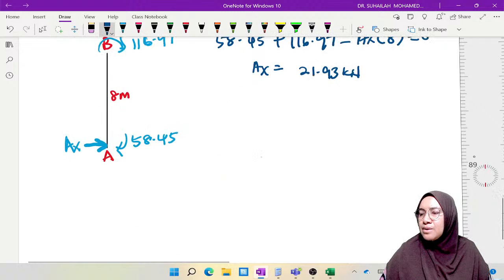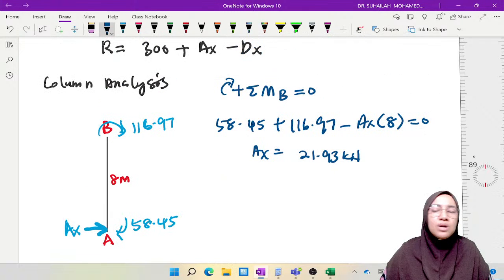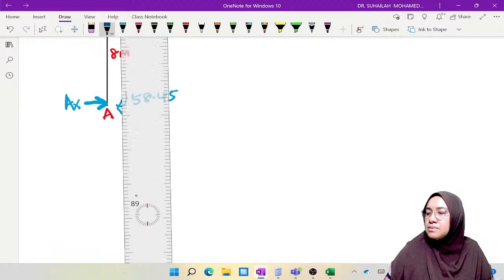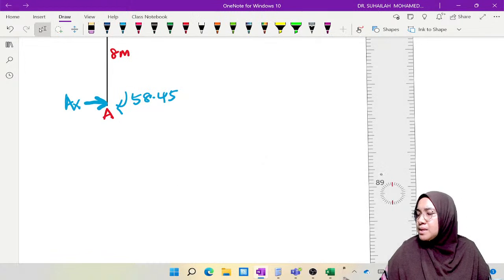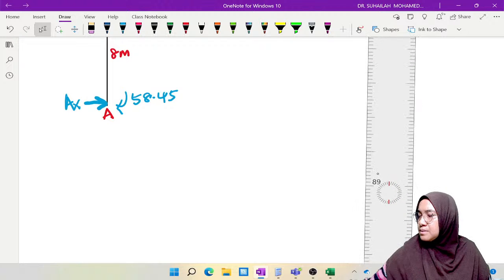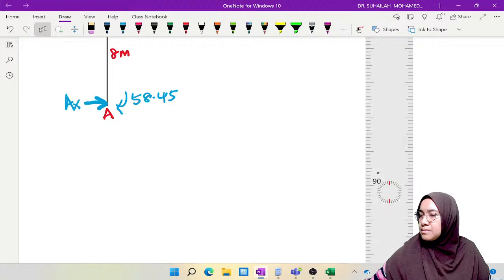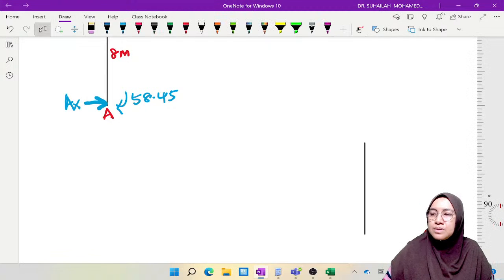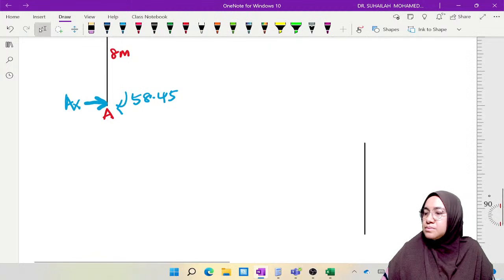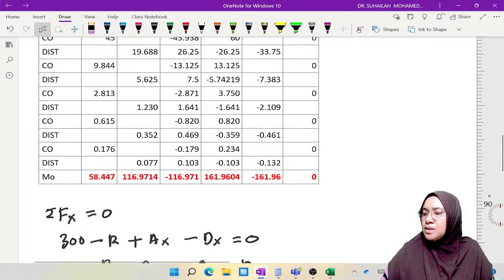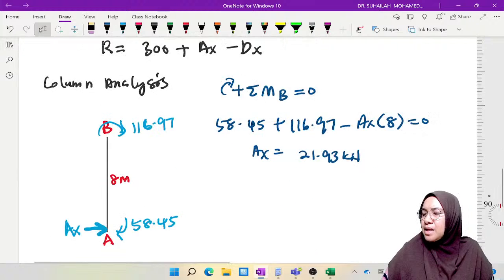Actually the same thing. We should do the same for column CD. Siapa nak try? Calculate. 161.96 is negative.